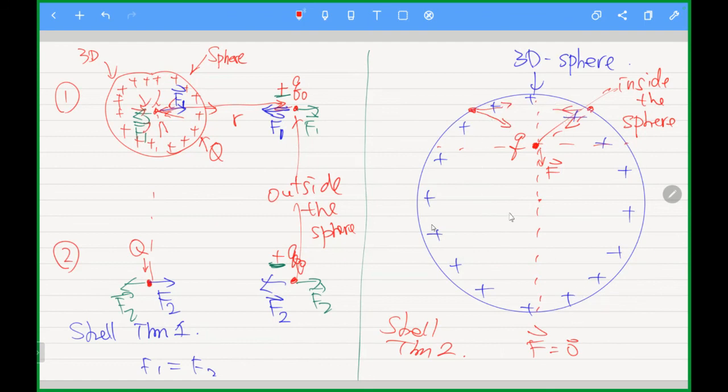But for the vertical component, it is not so trivial. And of course, the proof is not so easy. It's not easy at all.